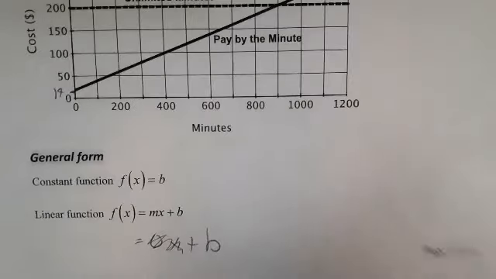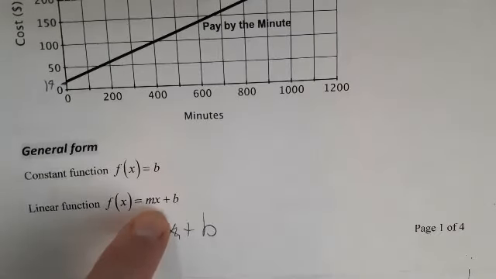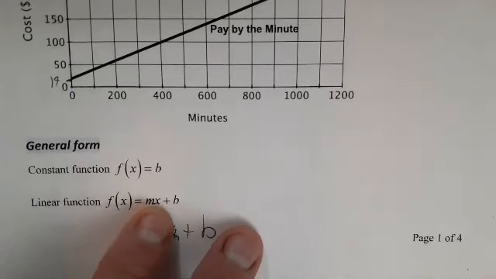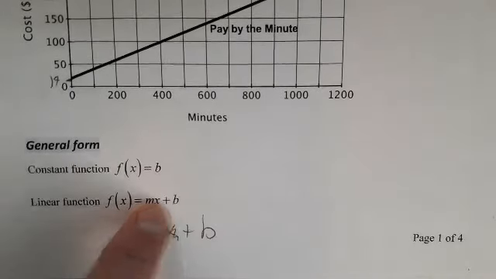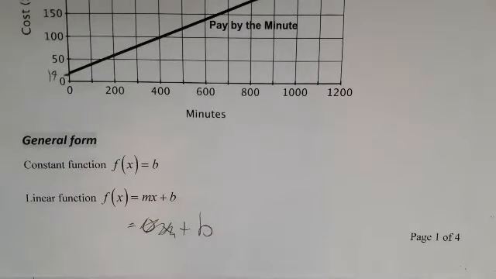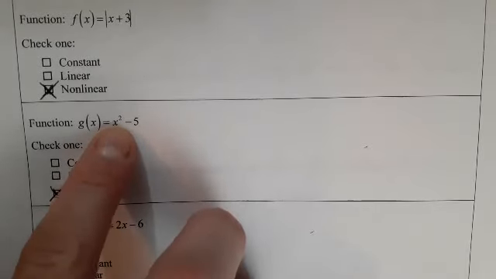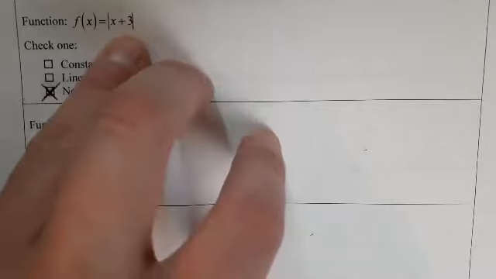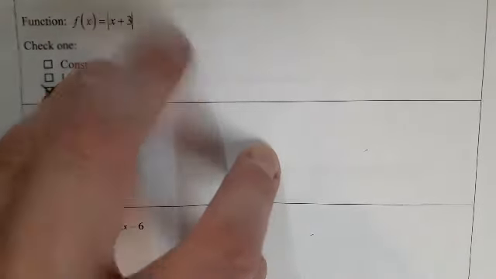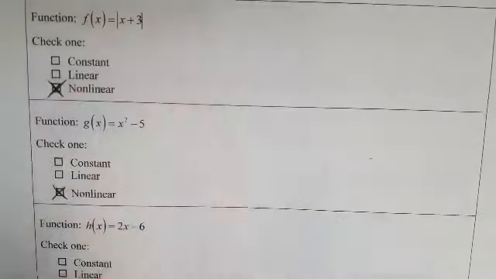Another indicator is if we look at the power on our variable, we're all doing first degree. It's to the first power. There's nothing being raised to a higher power, right? Like a square or a cube. So that's also another really good indicator that this guy is not linear, right? And the thing that makes him not linear is a square. This guy, it looks like he might be linear, but the thing that makes him not linear is that absolute value thing happening.